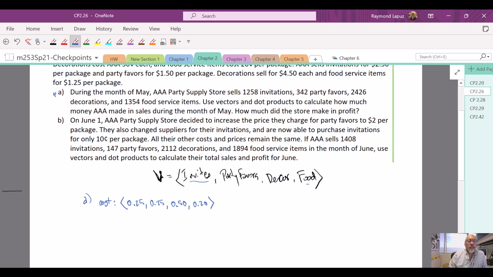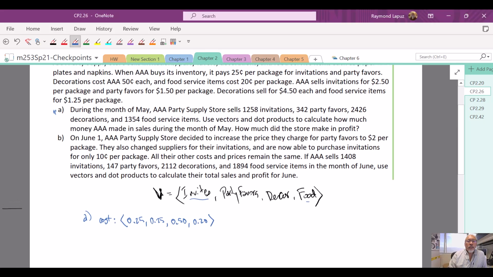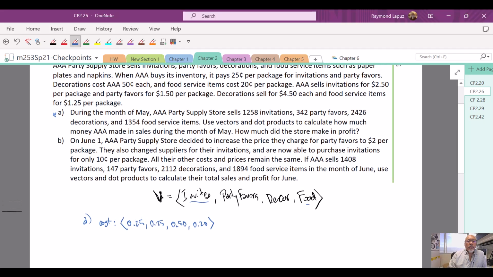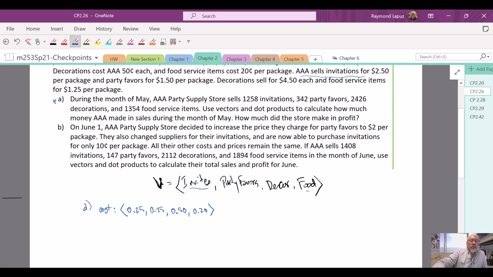What's next? We need to know the price that they're selling. So let's take a look at the price that they're selling things for. When AAA sells invitations, they go for $2.50. So invitations are first again. So this is the price, and this is $2.50 for the invitations.